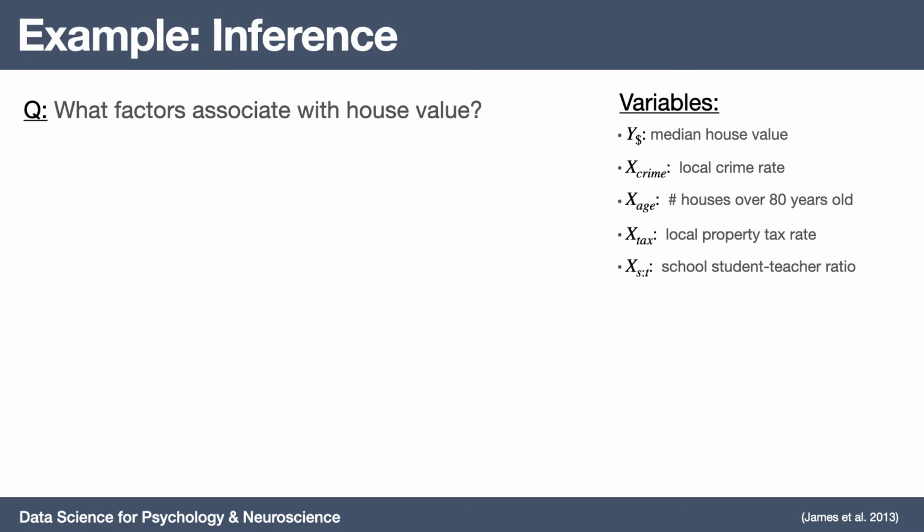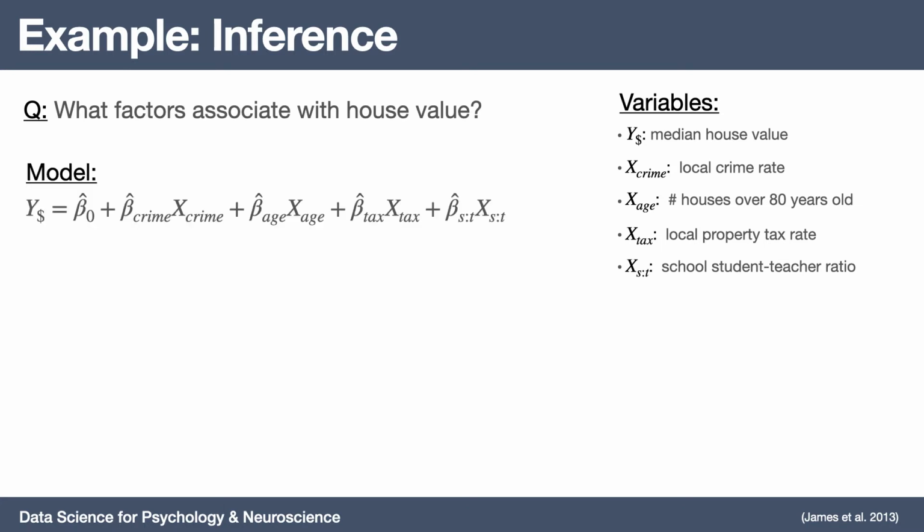You also have information about local crime rate, the number of houses over 80 years in age, local property tax rate, the student-to-teacher ratio of local public schools. With this information, you could construct a linear regression model to predict median house value from these independent variables.